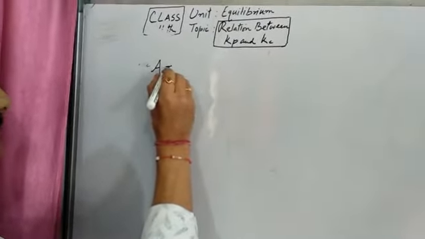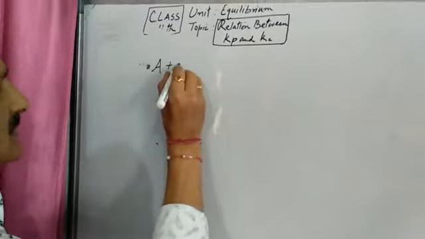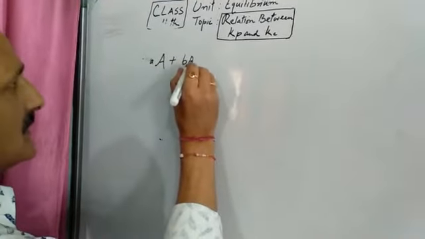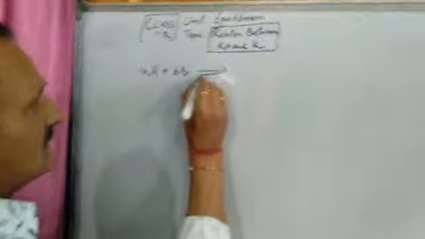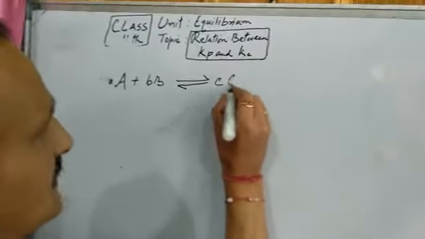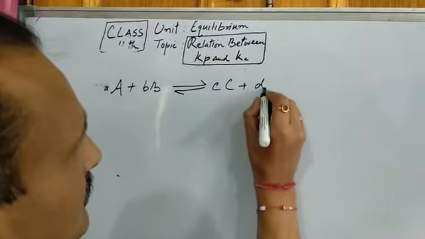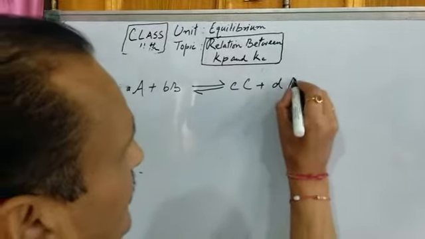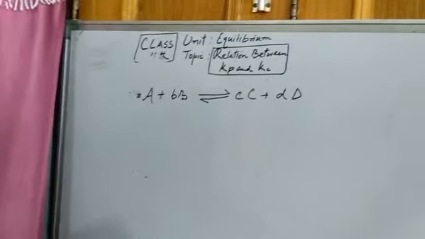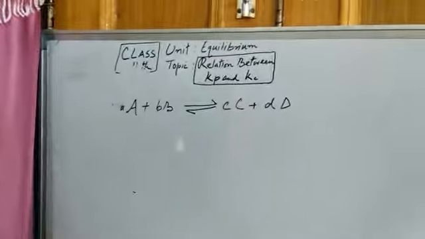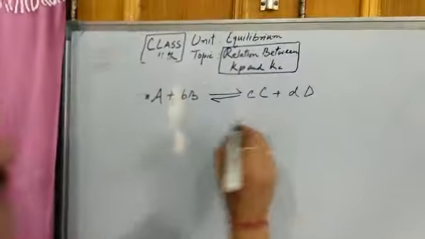A plus B gives reversible C plus D. This is a general reversible reaction. Let this reversible reaction be in a state of equilibrium.